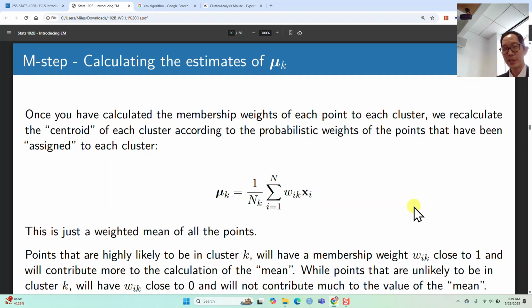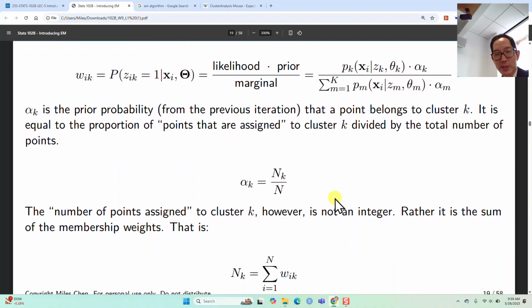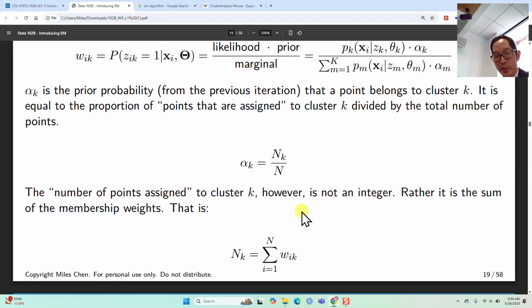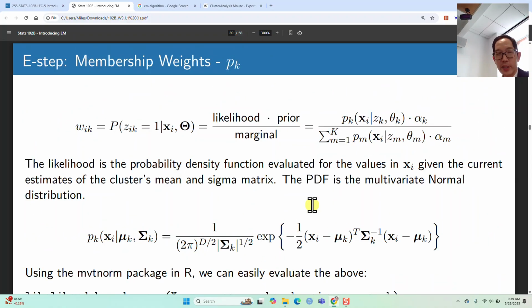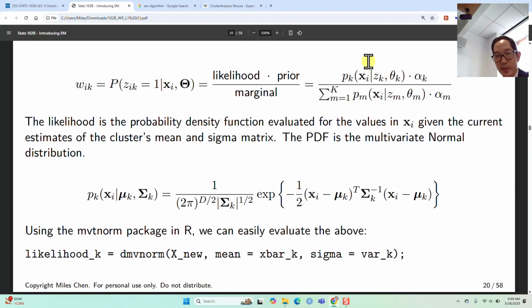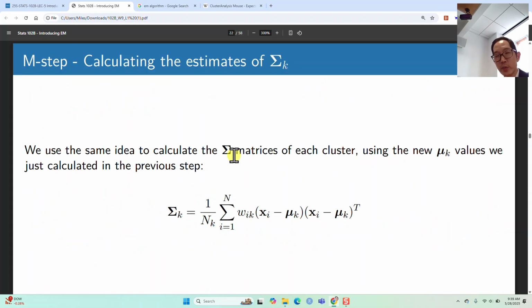And the guiding principles are really on these slides right here, of calculating your assignment weights by using the Bayes classifier, and then once you have that, you calculate your weighted mean and weighted variance matrices there. Okay, I guess that's all I have for today's lecture on the EM algorithm.